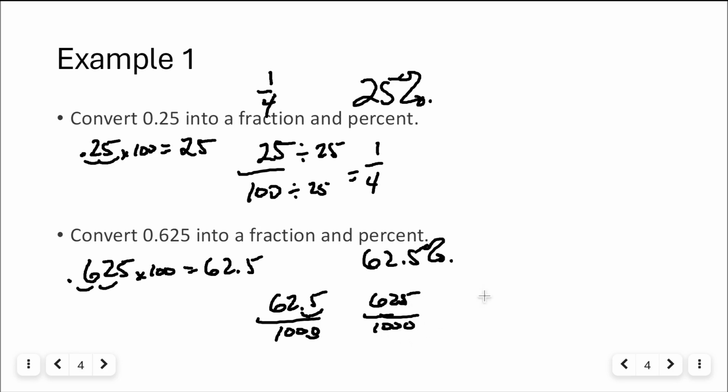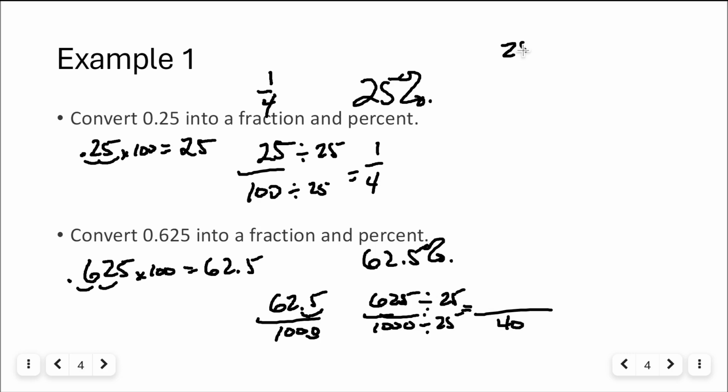Okay, and then I'm going to try to reduce this, put it in lowest terms. 25 definitely goes into both because I can make quarters out of each one. So I'm going to divide by 25 and see what happens. In $10, there are 40 quarters, right? Think about it. 4 quarters in a dollar, and then you want $10. So that's 40.